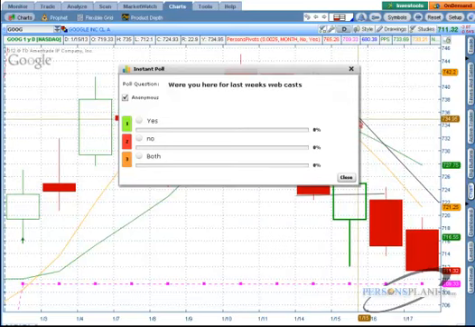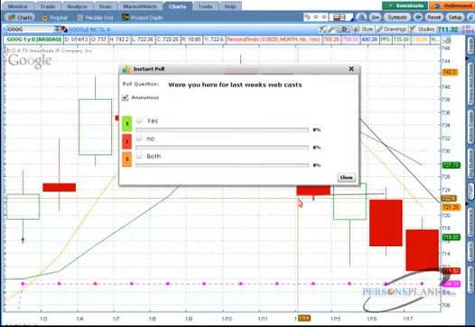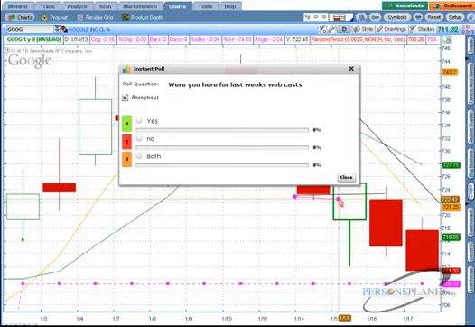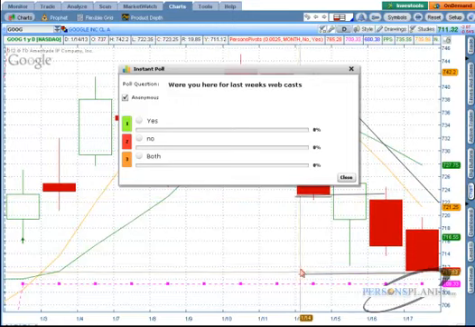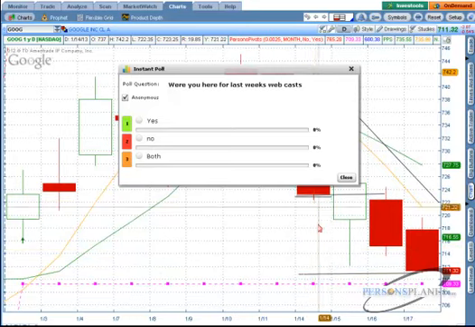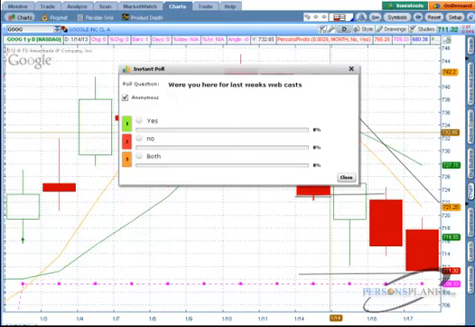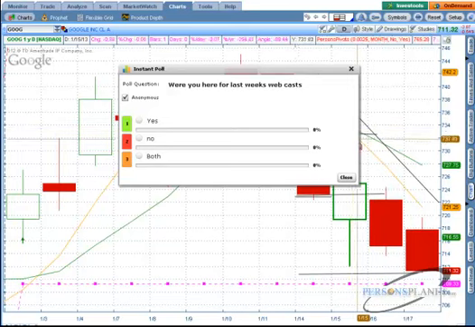Even if you went short here, you're doing okay, right? But if you went short here, up into value of moving average land, you're doing a lot better. All right?